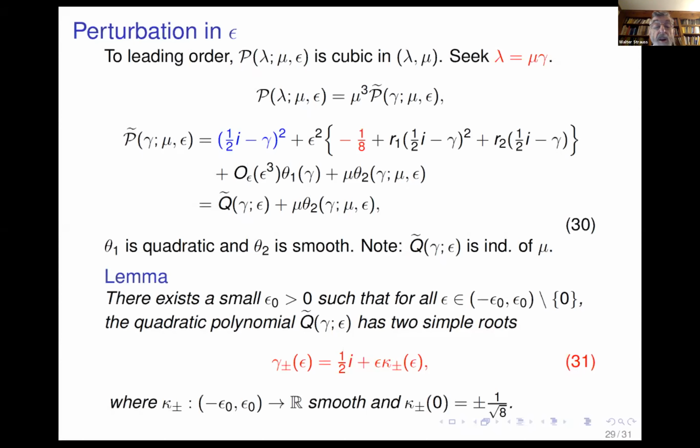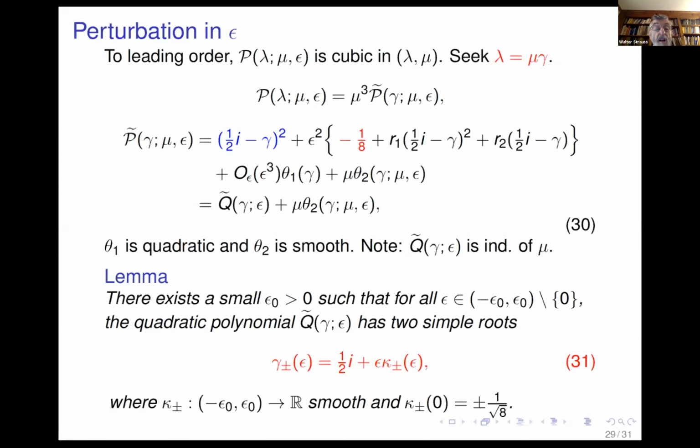If we just look at the very leading term, just the blue and the red part, you're going to have gamma equals an imaginary thing plus the square root of epsilon squared over 8, which is what we want. And then we have the other terms.